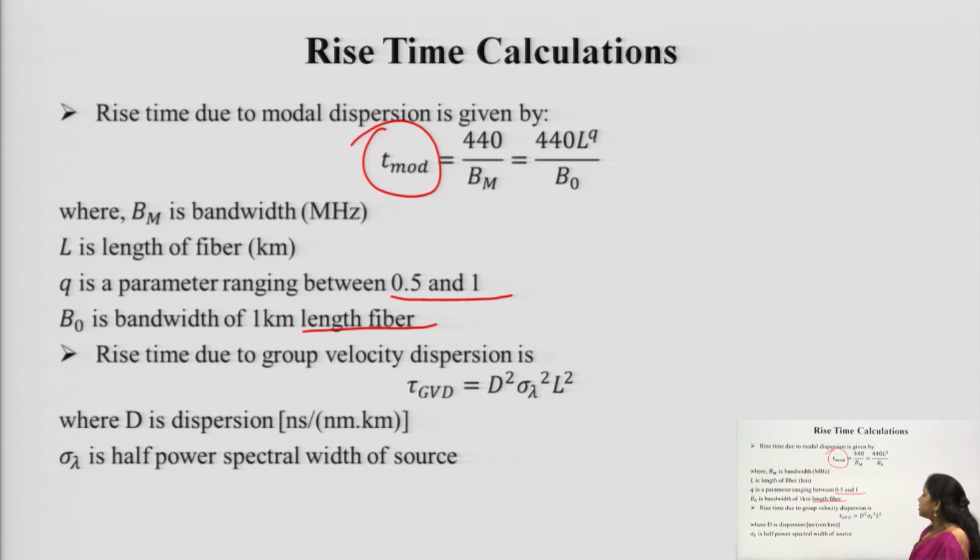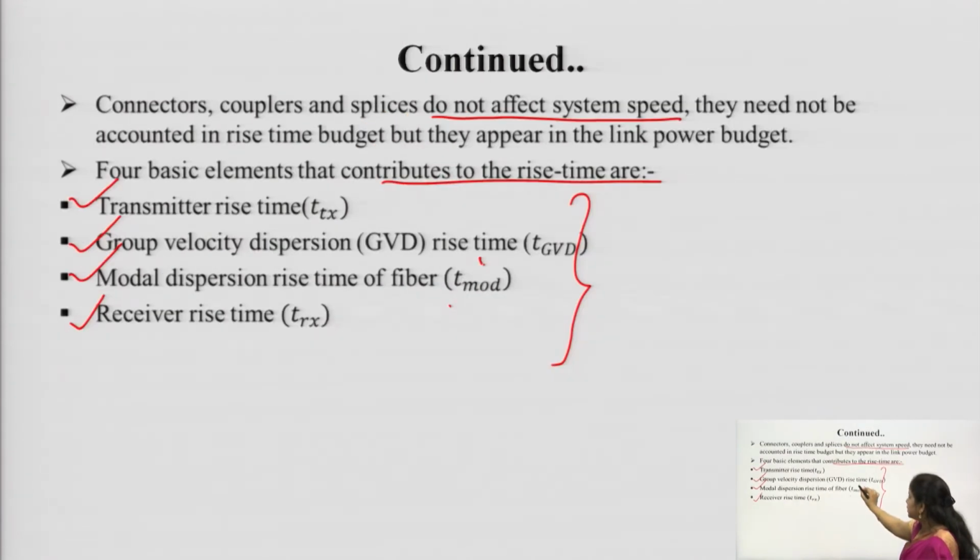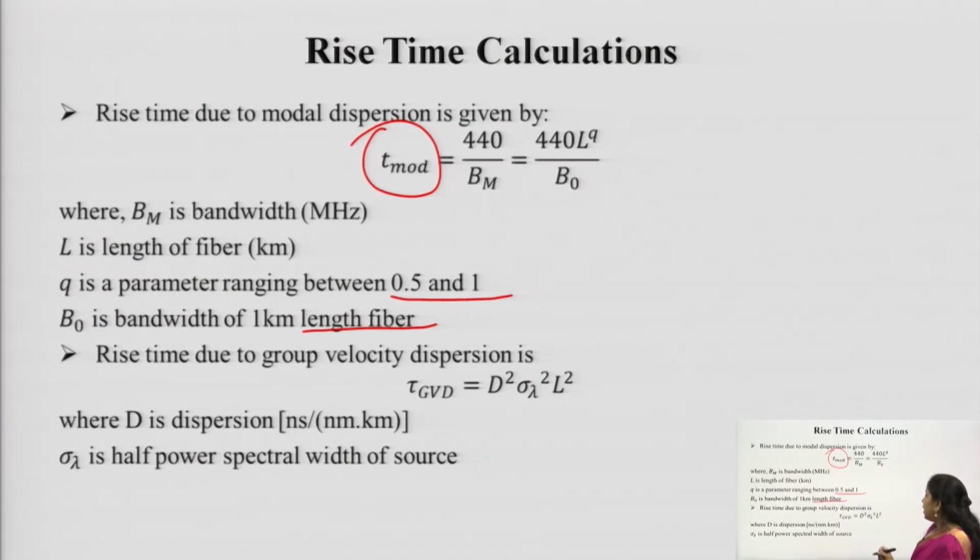Now comes the rise time due to group velocity dispersion, which is the second one in the list, and it is given by D square sigma lambda square L square, where D is our dispersion and sigma lambda is the half power spectral width of the source. The spectral width of the source decides our dispersion.